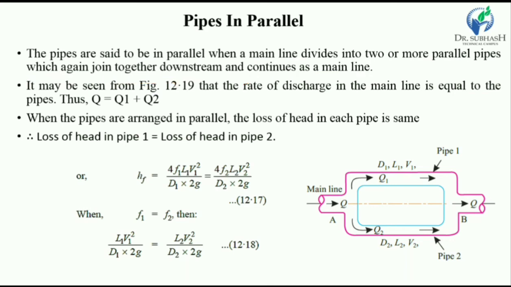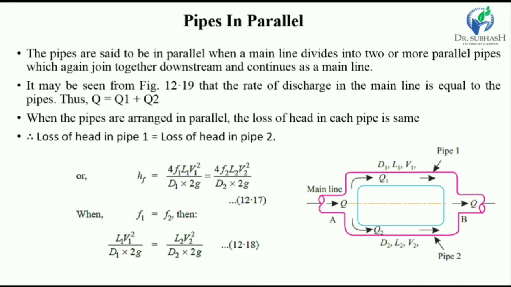In short, the main pipe is divided into two or three or more parallel pipes over some length, then further connected into one pipe, making a single continuous pipeline. Then it's called parallel pipes.